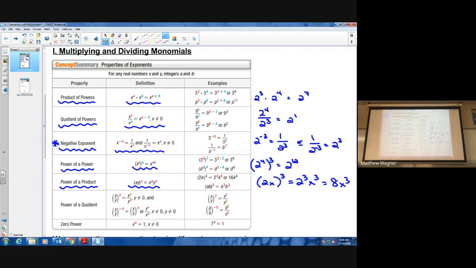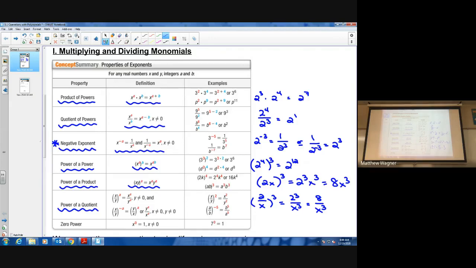All right. Power of a quotient, same deal as the power of a product, except you have some sort of fraction. So let's say we have 2 over x, and we're cubing it. We're going to get 2 cubed over x cubed, which is 8 over x cubed.